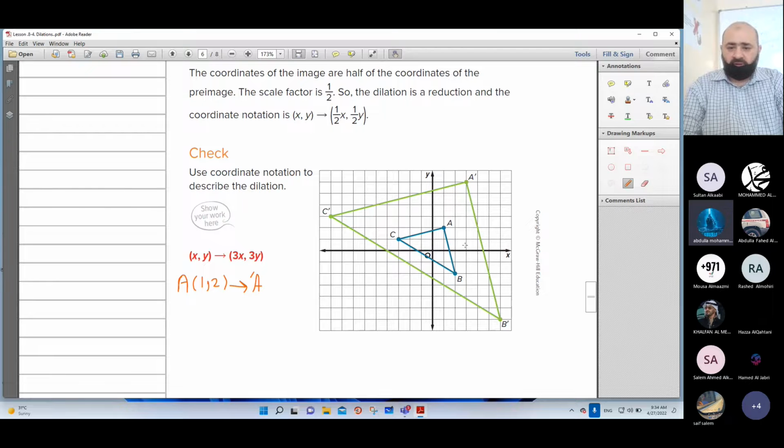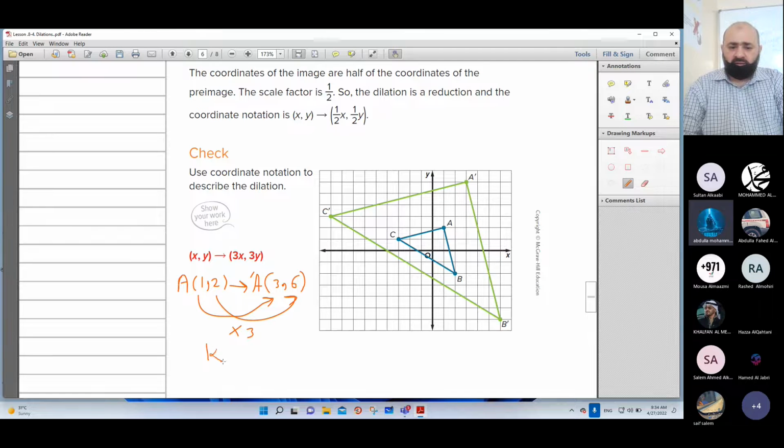It will be 3 in the x, and in the y count 1, 2, 3, 4, 5, 6. If you compare, 1 will be 3 and 2 will be 6, which means multiply by 3.